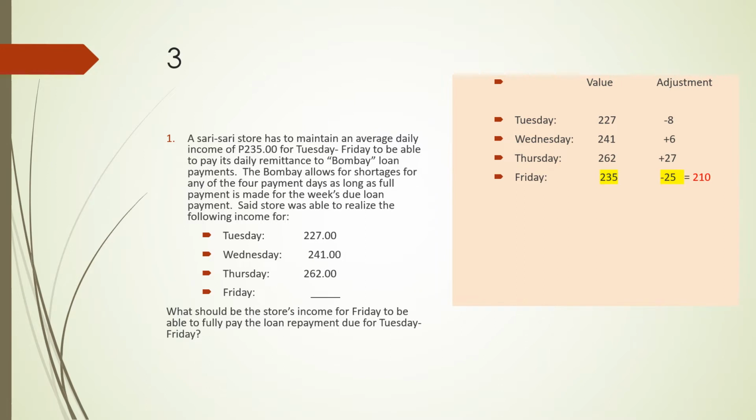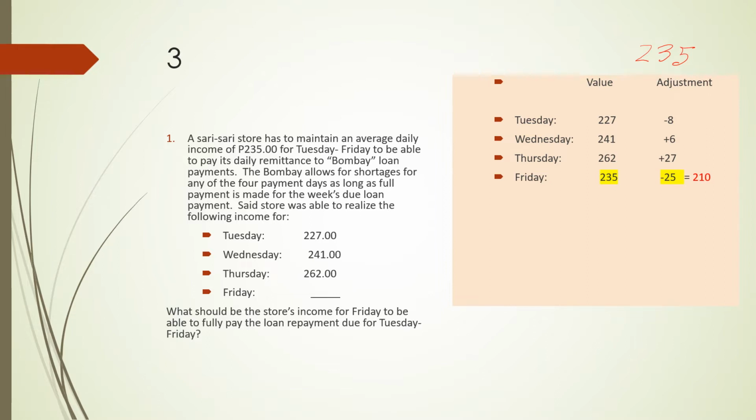So if we're given that for Tuesday, Wednesday, and Thursday, the income for the sari-sari store are 227, 241, and 262. So our reference in here is the average of 235 pesos daily income that the store owner has to realize so that he's able to pay up.